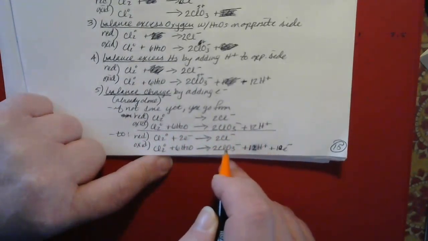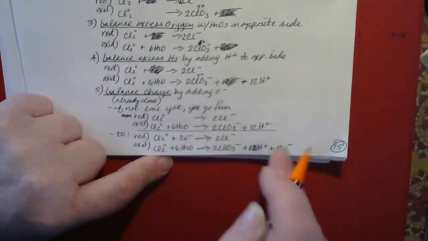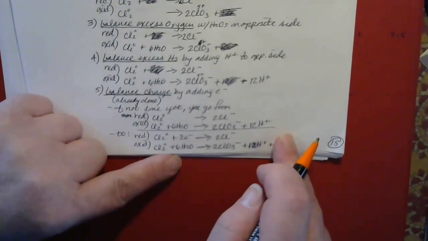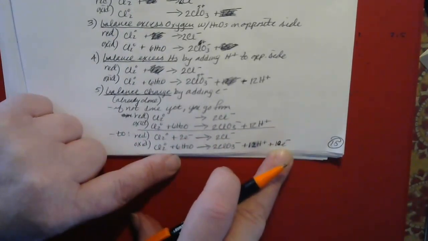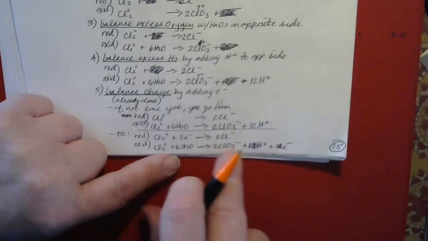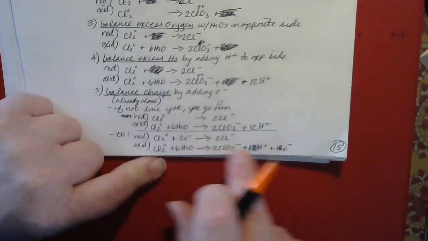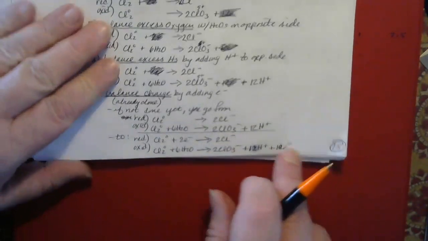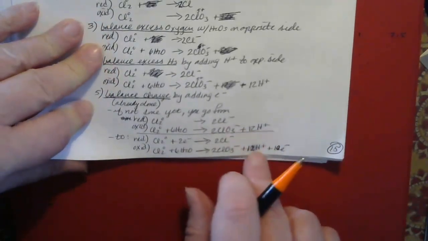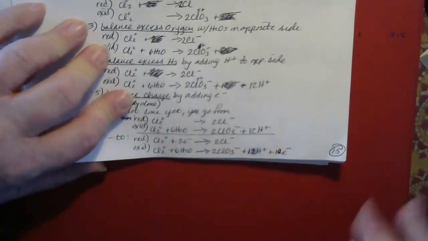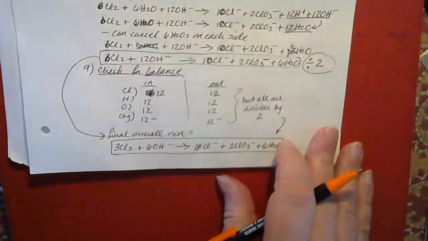So now we have -2 plus 12. That gives us plus 10. And the 10 electrons give us -10. And that brings it back down to 0. So 0 on the left, 0 on the right. So the charges are now balanced from the left to right hand side on each of the oxidation reduction half reactions.